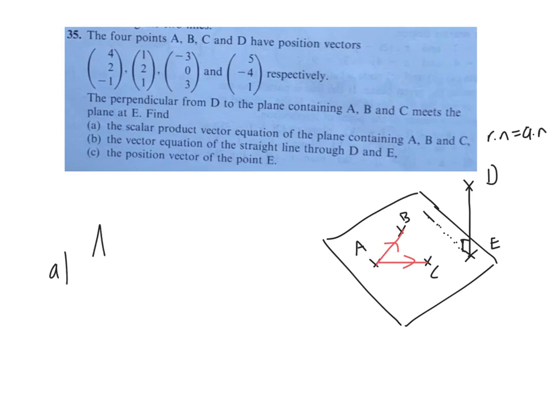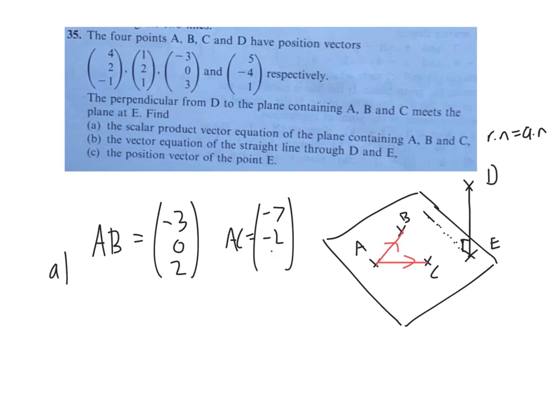The vector AB is equal to B minus A, so minus 3, 0, 2. And AC is C minus A, so that's minus 7, minus 2, 4.